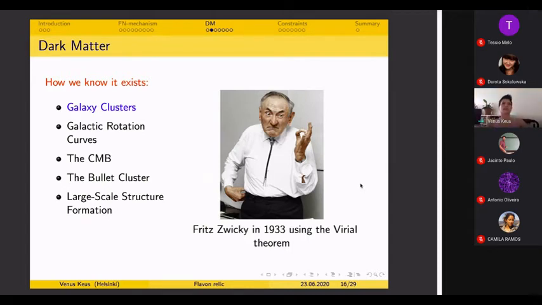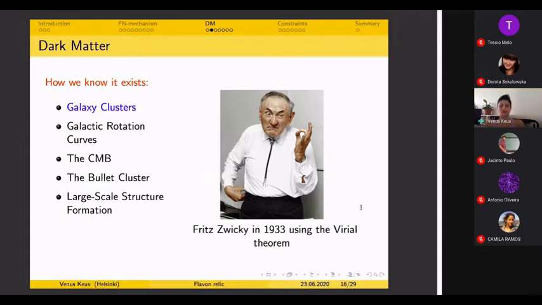The visible mass within the galaxy wasn't large enough. With the rotation that the galaxy had, it should have fallen apart, but it wouldn't, claiming that there is some other mass in there that we don't see, but has gravity and holds this galaxy cluster together. And because we cannot see it, we call it dark matter.